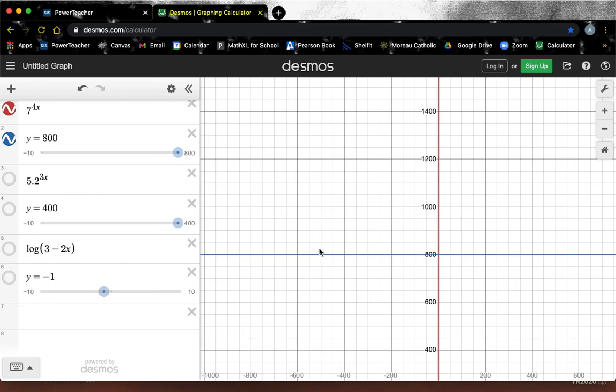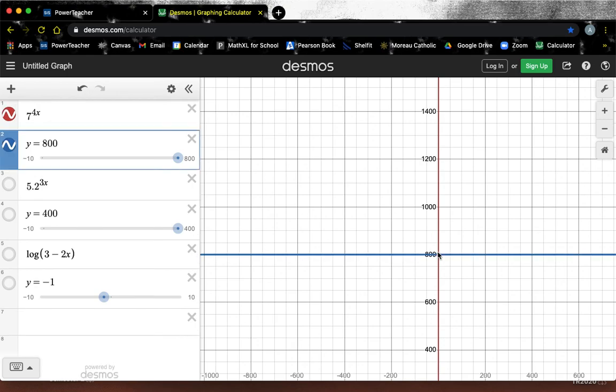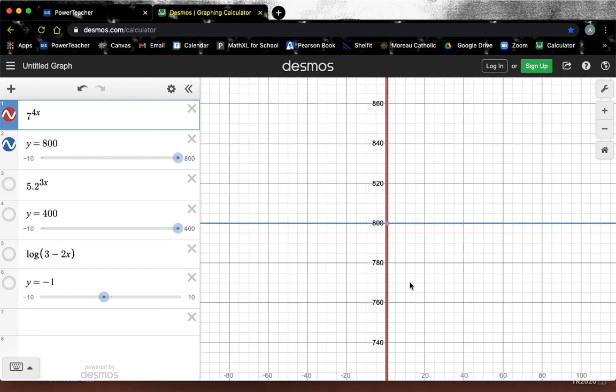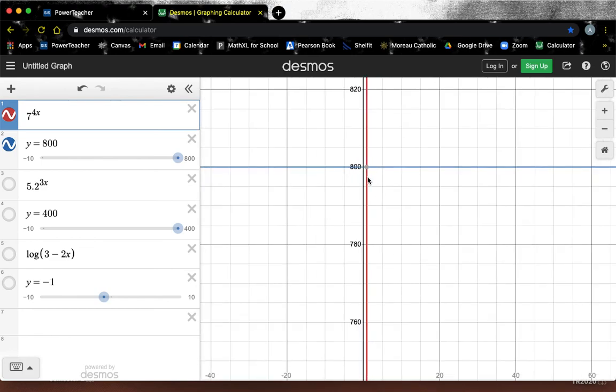Here's the horizontal line, y equals 800. Here's our other one, y equals 7 to the 4x. You look for their intersection, and that's not the intersection. I mean, it is the intersection, but there.